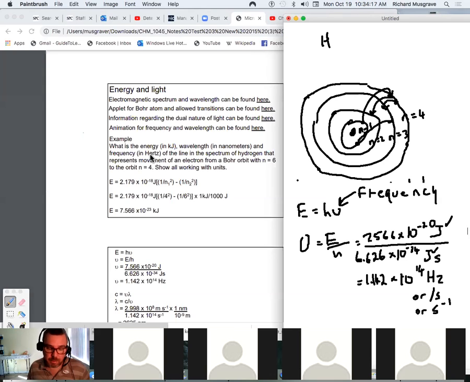Roland, do you have a question? Yes, I just had a quick question about the calculator. You said you want us to try it on the calculator and make sure we get the right answer. So are we allowed to use our personal calculator on the test? No, no, no. That's why I'm saying you have to practice with the on-screen calculator. But it's a start at least to be able to do it on your calculator, so you can do it on the on-screen calculator too.